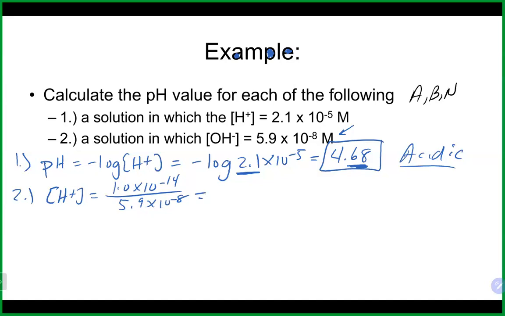That's going to give us something like 1.7 times 10 to the minus, not 8, 7 maybe, molar. Now we could go into our pH equals minus the log of 1.7 times 10 to the minus 7 in this case.